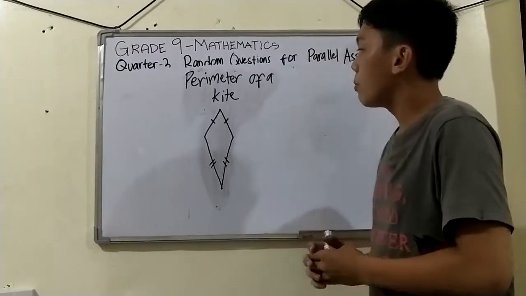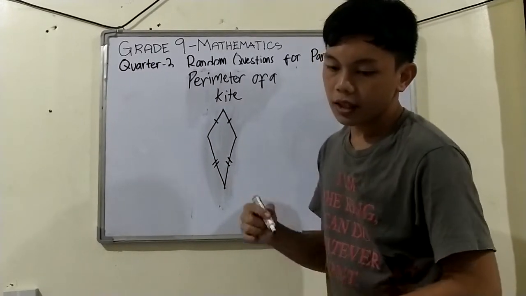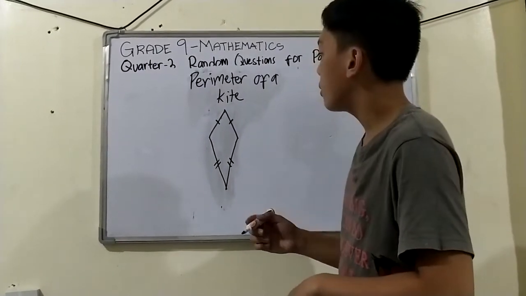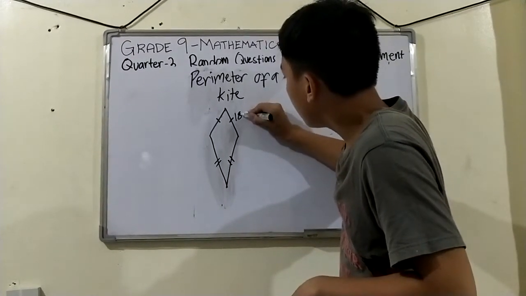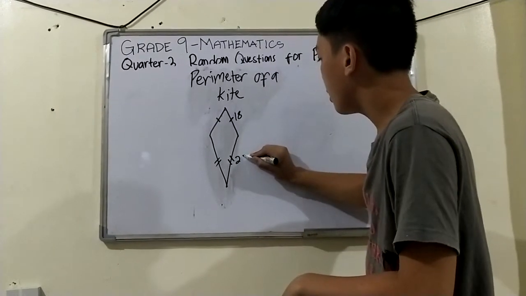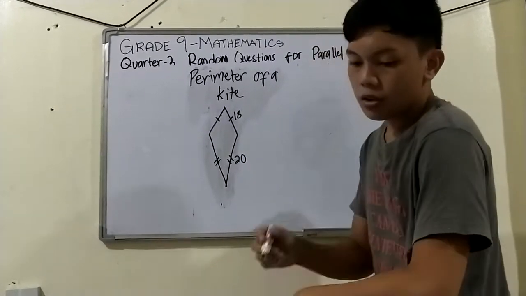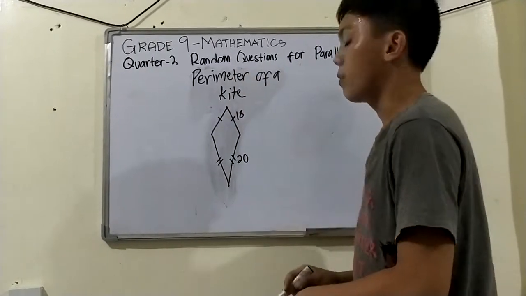So in our first problem in perimeter of a kite, it is given that the sides are 20 units and 18 units. So this head side is equal to 18 and this tail side is equal to 20. So in this problem, we are asked to find the perimeter of a kite.